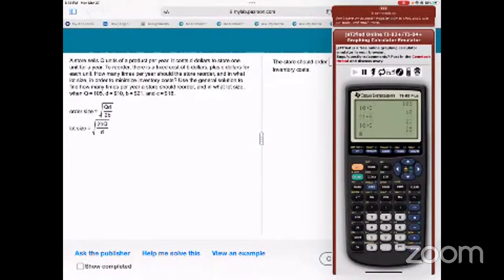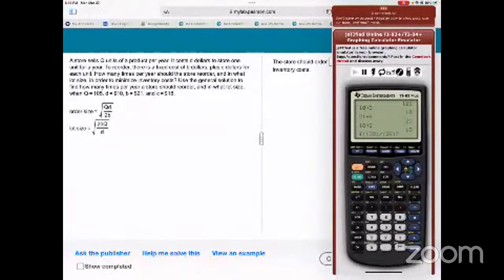So now I think I can just go square root. Now the numerator is QD, so I'm just going to put alpha Q, alpha D. Okay. Close parentheses, I'm going to say divided by, the bottom is 2 times alpha B. Okay, and we need to close out the square root.